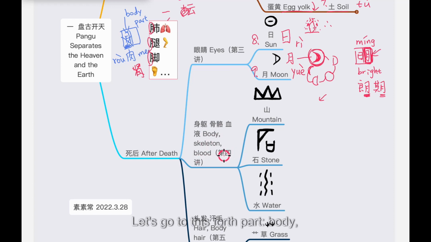Let's go to this fourth part. It is body, skeleton, and blood. So this character called Shan, first tone. Shan means the mountain. See? Write it like this.